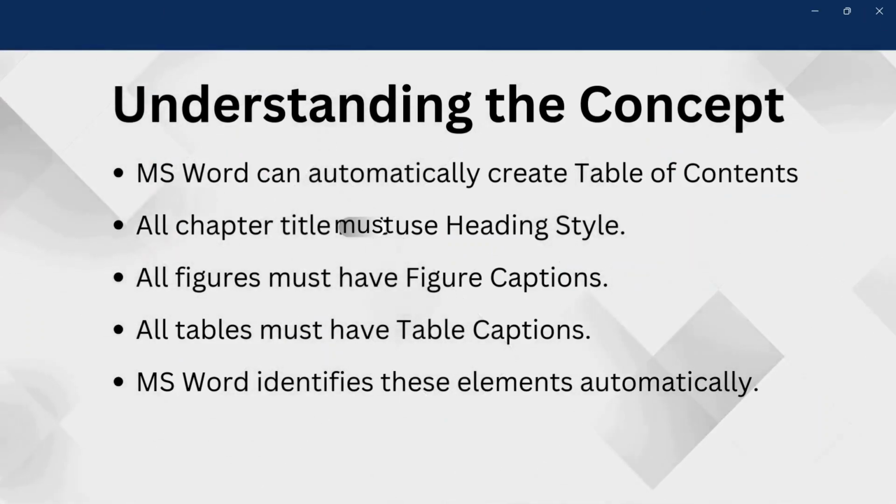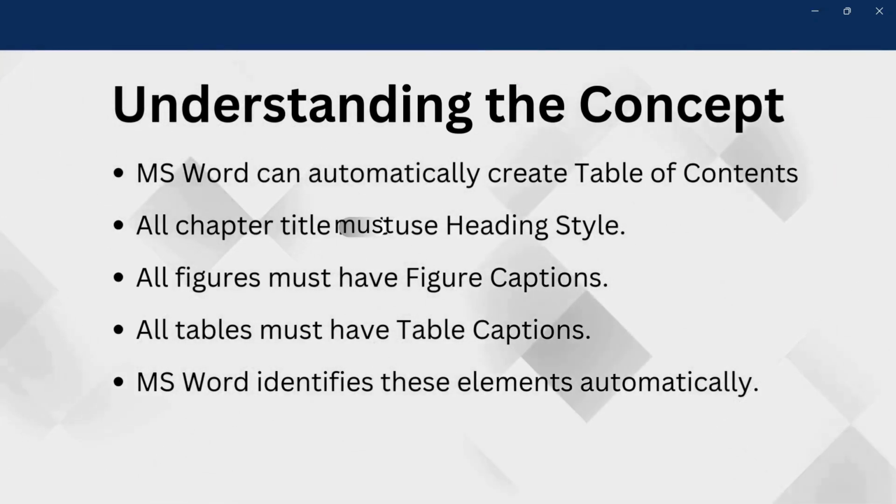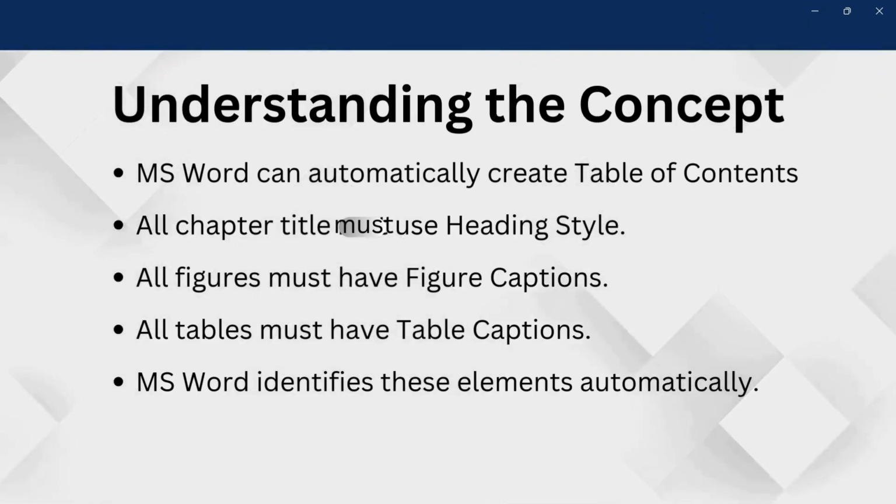Before we begin with the practical demonstration, let me quickly explain the main idea. Once we finish our dissertation, we normally type the table of contents, list of figures and tables. If you are doing this, this video is for you, because MS Word can automatically create a table of contents, but only if you format your document properly.